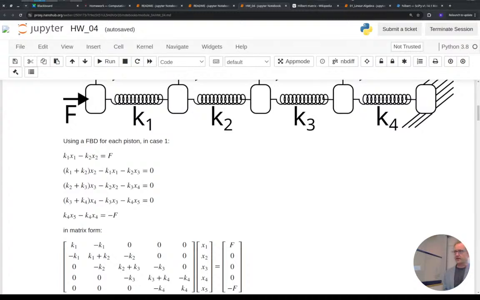So I can set up those equations and now I'm trying to pull out all of the known spring constants away from those actual unknown x positions. So a k1 and a negative k1 for that first equation, and then x3, 4, and 5 don't show up in equation 1, so a bunch of zeros.